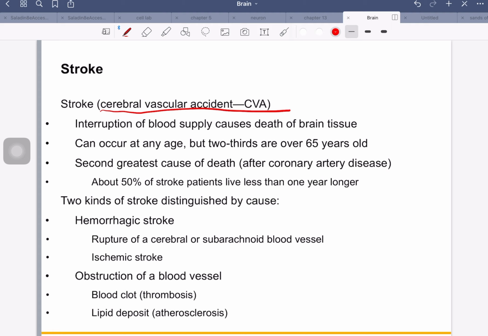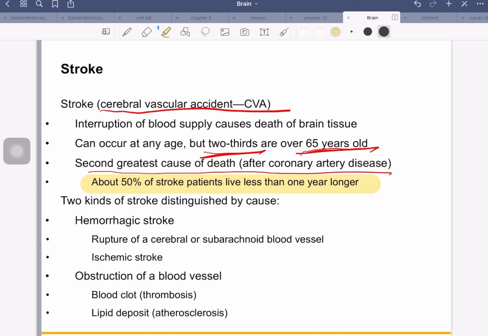It can occur at any age, but typically about 65, 66% are those over the age of 65. It's also the second greatest cause of death after coronary artery disease, so that's quite significant. And it's not unusual that about 50% of stroke patients live less than 1 year post-stroke.